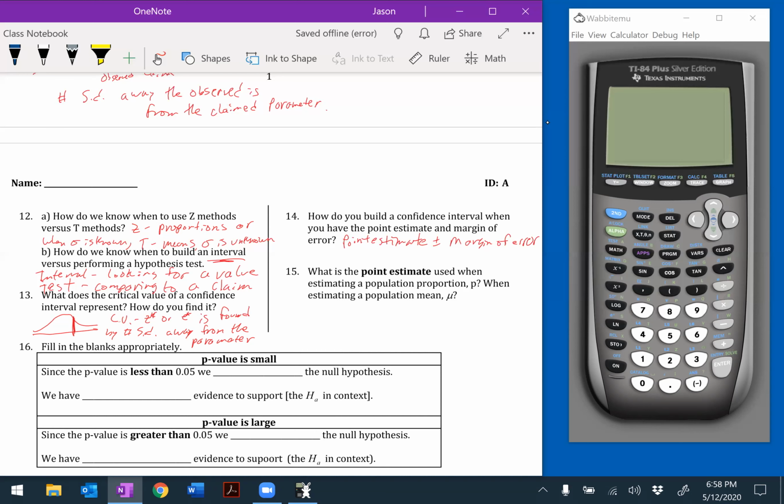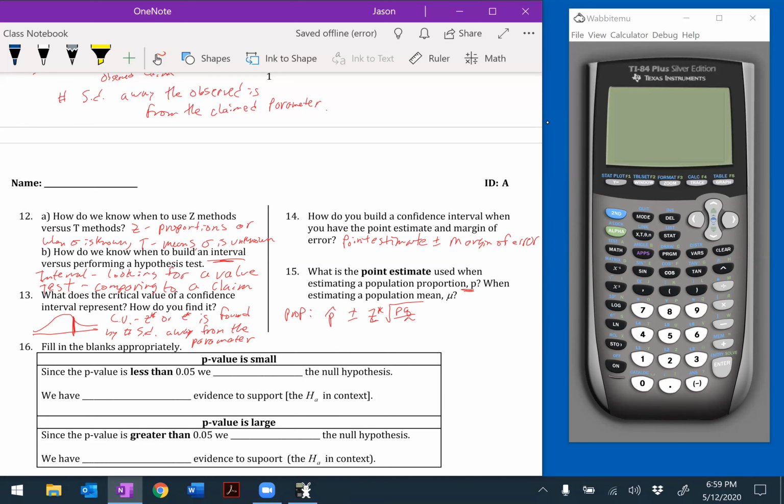Okay, what is the point estimate used for estimating the population proportion P? Well, for proportion, it's P hat plus or minus Z star times the square root of PQ over N. That's for proportions. The P hat is our point estimate, and our Z star times the square root of PQ over N, that's our margin of error.